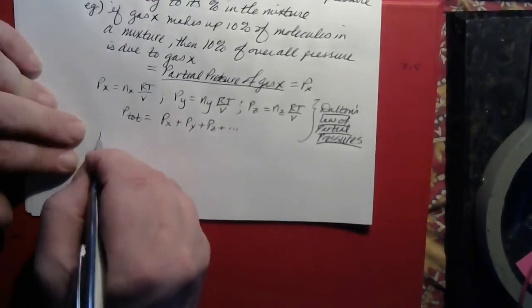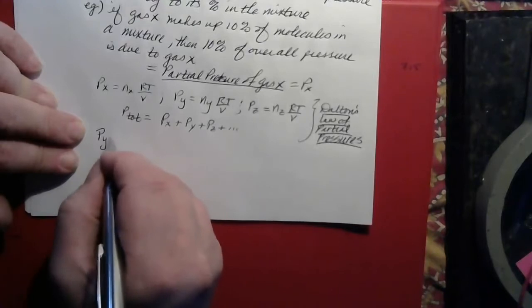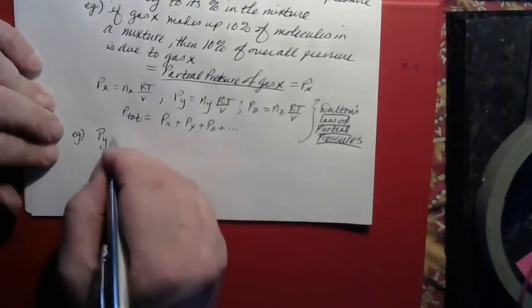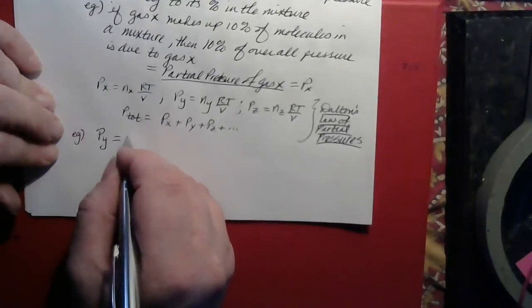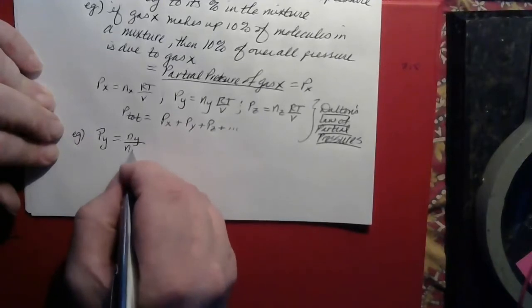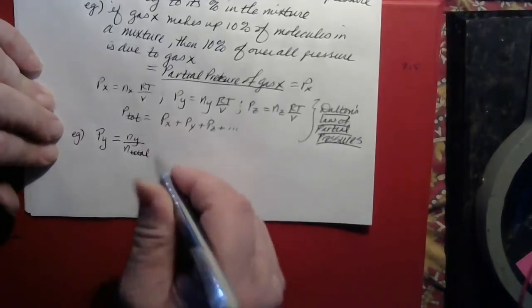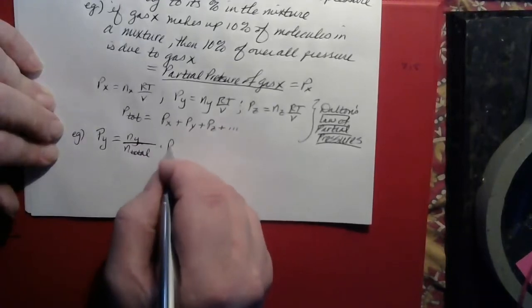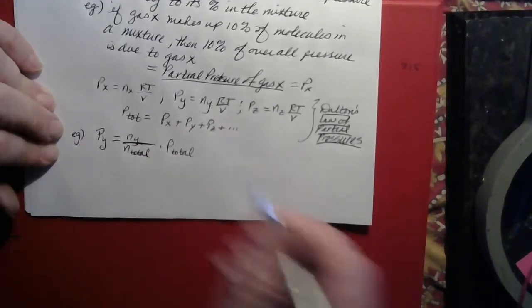Okay, the pressure of gas Y, or any of the other gases in the mixture, would be equal to the number of moles of gas Y divided by the total moles of gas in the mixture times the total pressure.